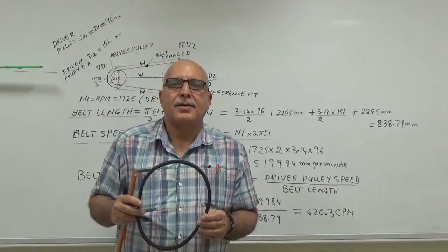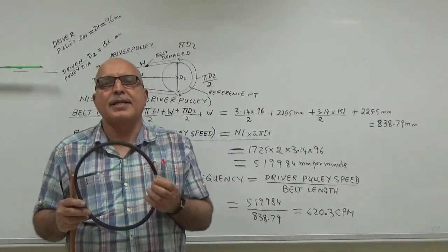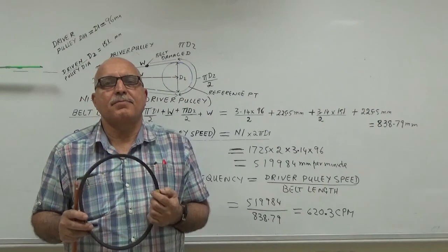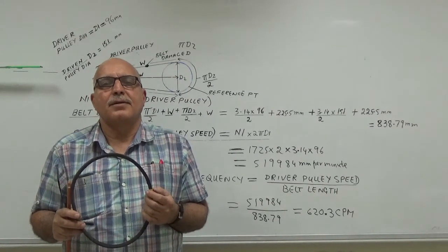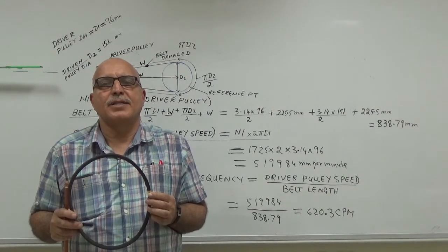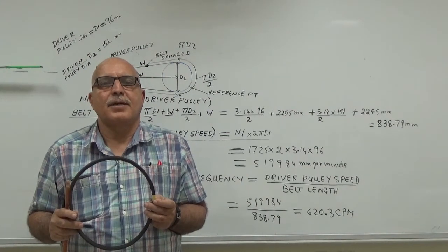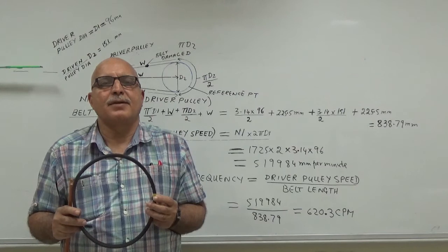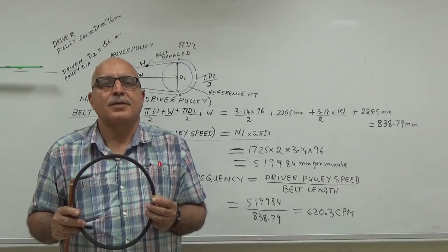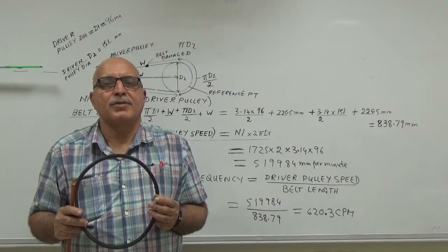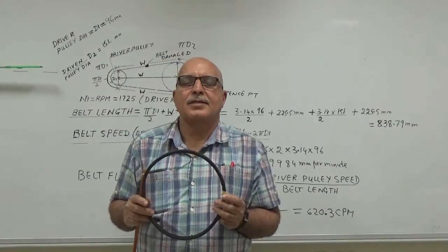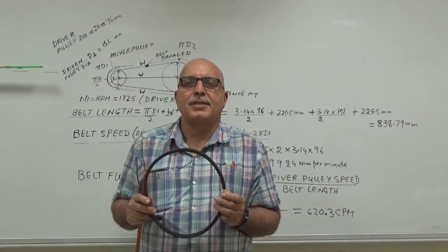And if the belt is damaged, we will see belt fundamental frequency in the spectrum. We will also see double of belt fundamental frequency. We will see 3 times, 4 times belt fundamental frequency, and it will tell us that the belt is damaged.